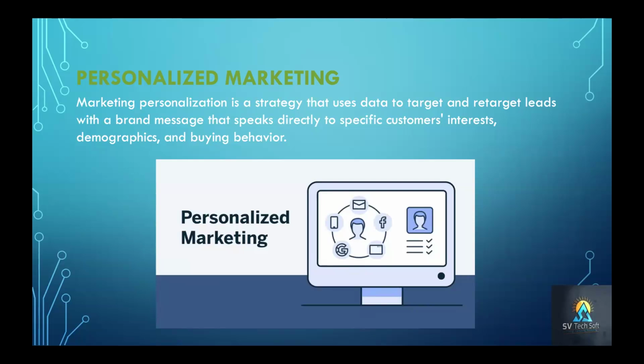Like I mentioned, suppose you take Amazon, right? Amazon is something similar to all of us. Amazon is not only depending on digital email marketing; they have their in-house marketing tools.